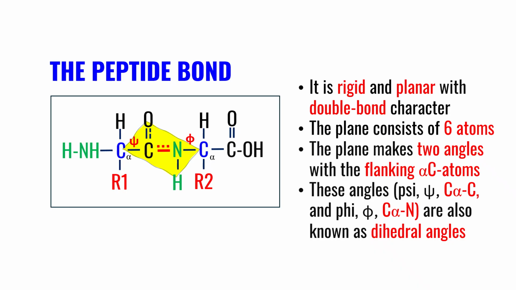The plane consists of 6 atoms, and this plane can make two angles. They are known as phi angle and psi angle. These angles are also called dihedral angles. The plane makes an angle with respect to the flanking alpha carbon atom in the molecule.